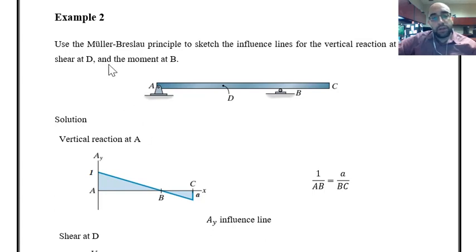The last part of the question is asking about bending moment at B. I said whenever we want to draw the influence line for bending moment, we have to remove the rotational restriction. It's like considering the hinge and then applying a unit rotation. In the previous examples, I said we can grab that hinge, pull it up, and see what happens.